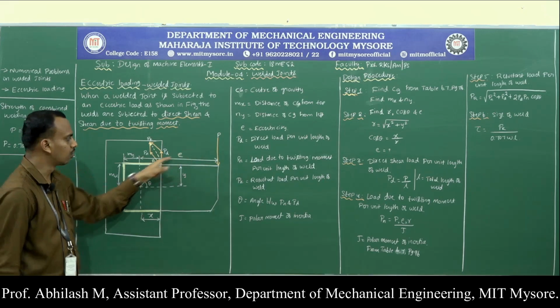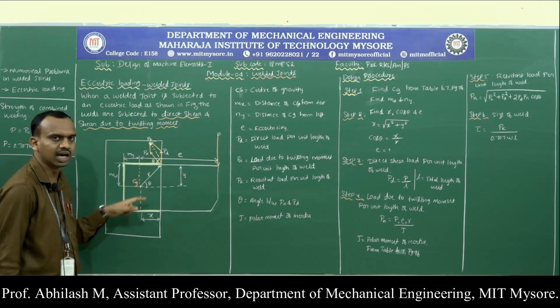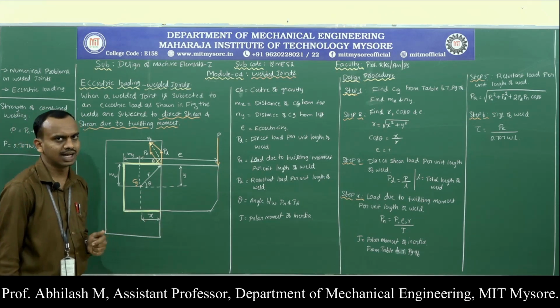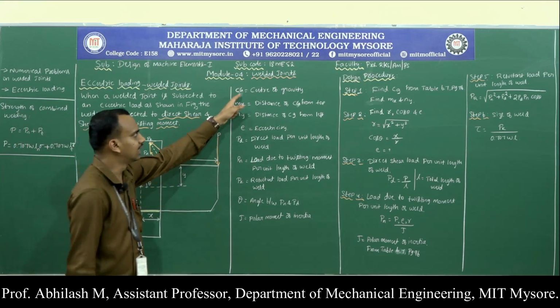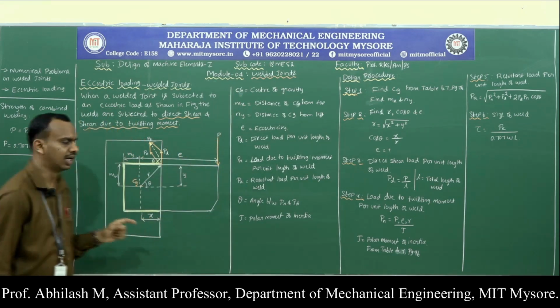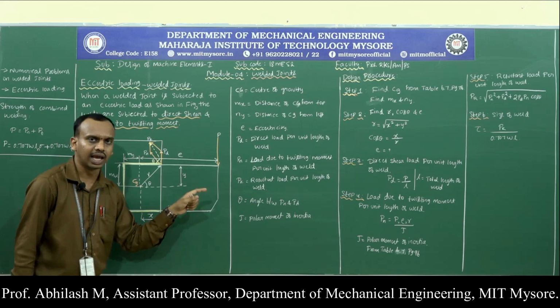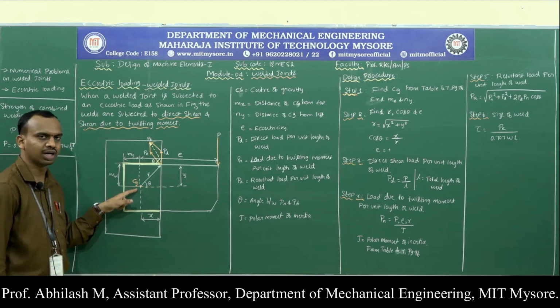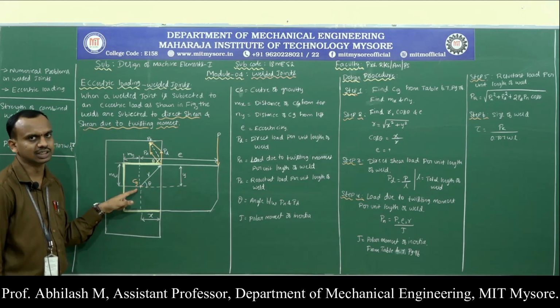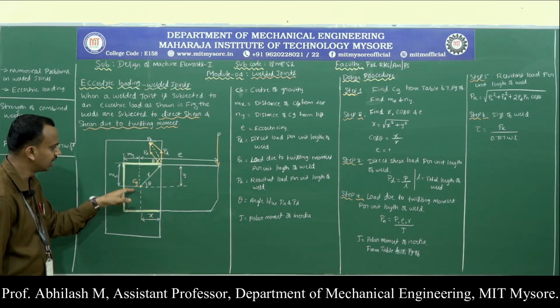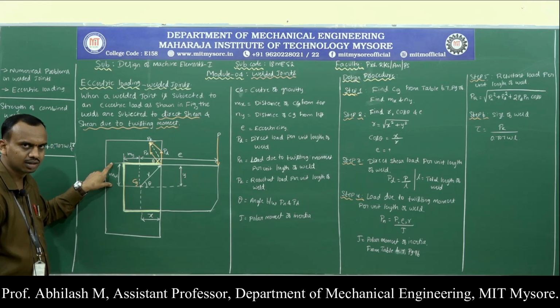So in this particular figure, it is a combined weld subjected to an eccentric load. Now let us look into the notations that we are using before going for the design procedure for eccentric loading. CG is the center of gravity. We are supposed to identify the center of gravity, that is CG, based on the given conditions in any problem. Mx represents the distance of CG from the top of the weld.